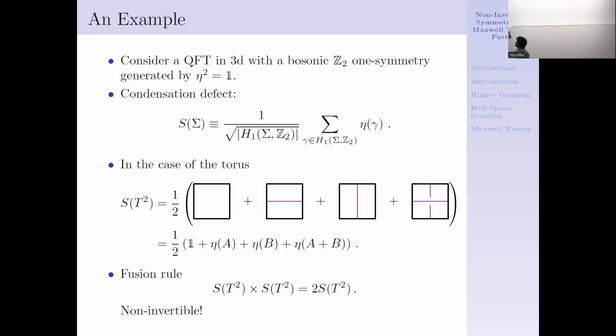If we choose sigma to be a torus, so now we have 4 different Z2 cycles, this sum becomes the sum of these 4 terms: the identity line, the line along the A cycle, the line along the B cycle, and the eta line along the A plus B cycle. And now it's a simple exercise to take the square of this expression and show that S times itself is 2S, which shows that S is non-invertible.